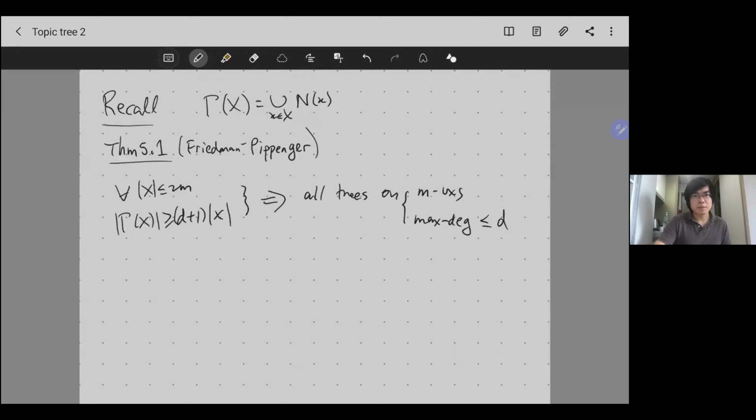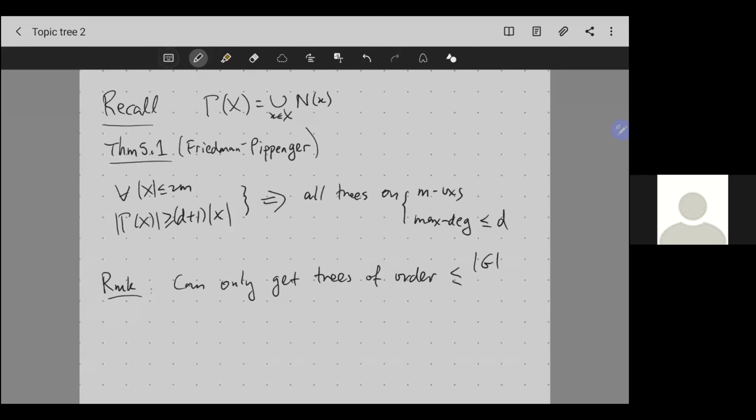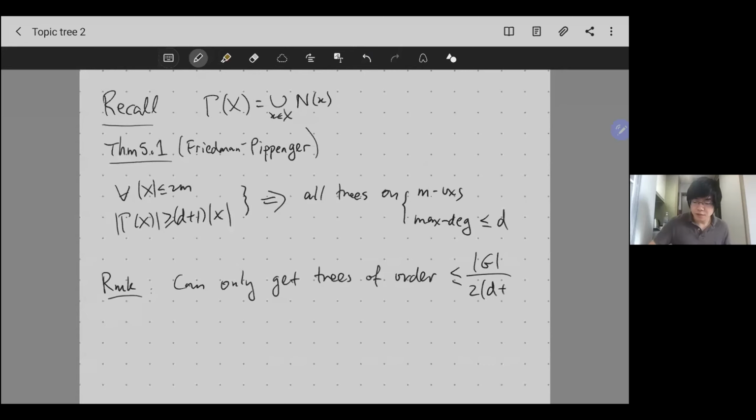If you look at this statement, we can only get trees of order at most n over 2 times (d plus 1), if n is the order of the graph G, because we need expansion for 2m, right? And it needs to expand by d plus 1, so we need to divide it by 2 times (d plus 1).